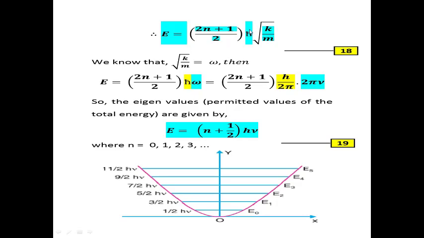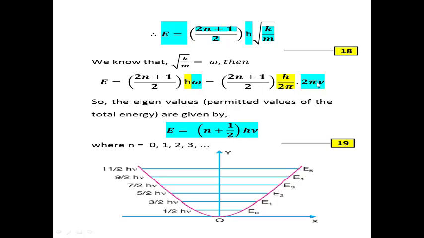So in this case, if I rewrite this term, root of k by m equal to omega in equation number 18, we get the final term of energy, the eigen energy value of the linear harmonic oscillator: E will be equal to (2n plus 1) divided by 2 times h cross omega. We already know h cross is equal to h by 2 pi and omega is equal to 2 pi nu.